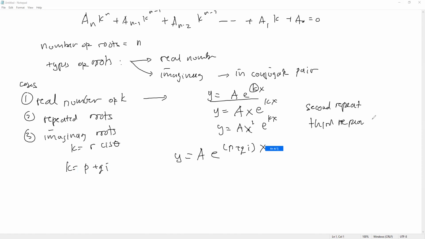So x multiplied by a real number and an imaginary number here. But they always come as plus or minus. So y1 and y2. Y1 is usually the e to the power of p plus qi, and number 2 is e to the power of p minus qi.